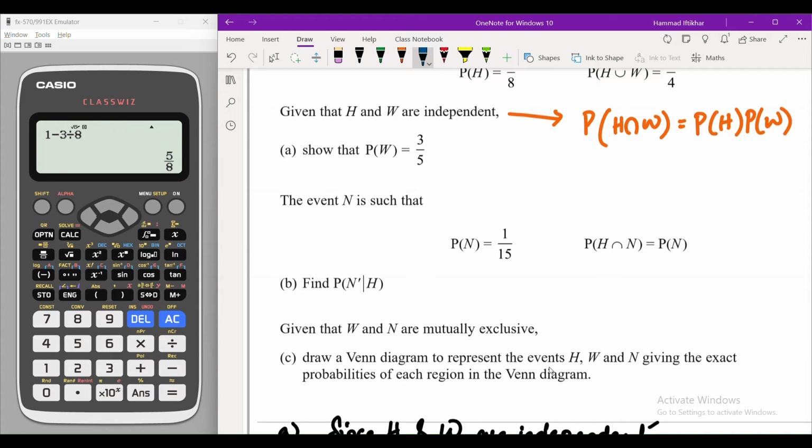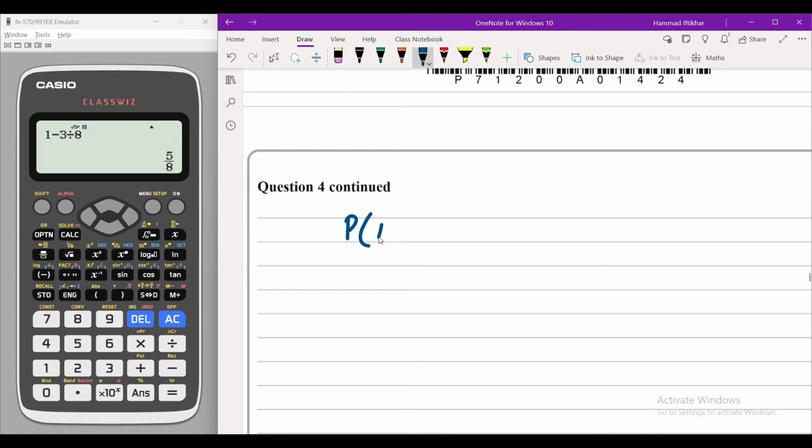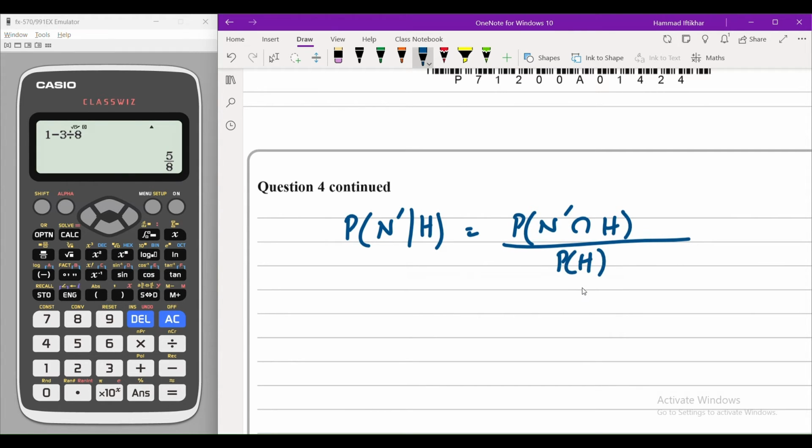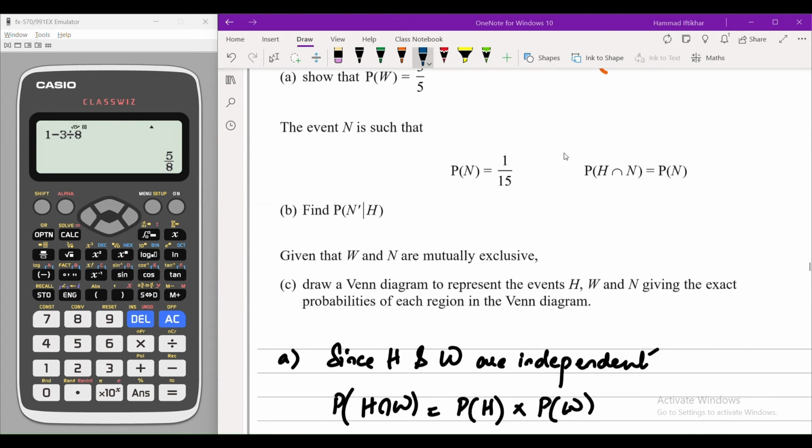The event N is such that probability of N is 1/15th and probability of H intersection N is just N. So find the probability of N complement given H. Probability of N complement given H can be rewritten as probability of N complement intersection H divided by probability of H. To find the numerator, we have to see this relationship.